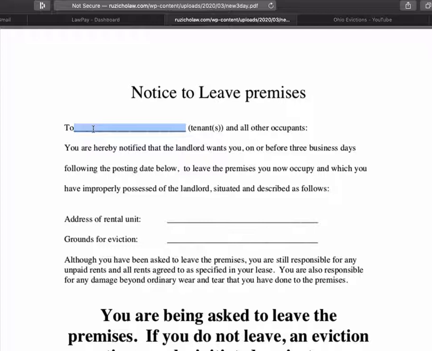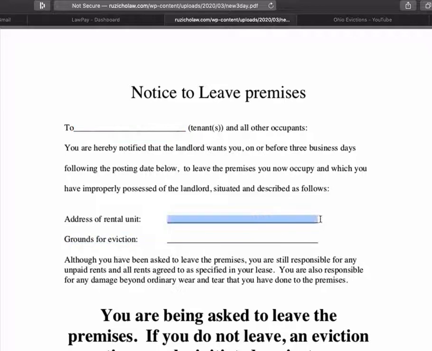If you've made a reasonable effort and have not been able to determine all the tenants' names, then you just put the ones that you have here, and you may have to proceed with your eviction filing by naming the other tenants as John or Jane Doe.